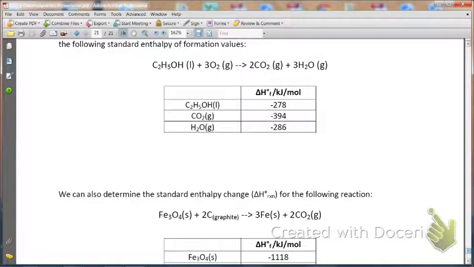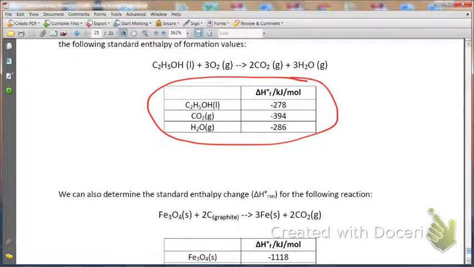Okay, so in our table here, and this table right here is the heat of formation values for our reactants and our products in this equation. And so what we want to do overall is find the delta H of the reaction for this equation, which we don't know. Now we could use calorimetry, or we could use bond enthalpies like we've learned before, but instead we're going to use these heat of formation values.